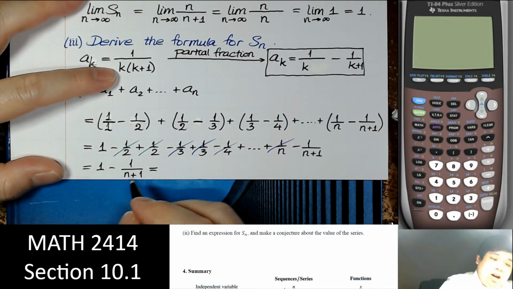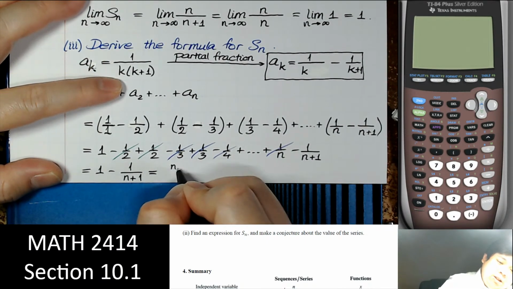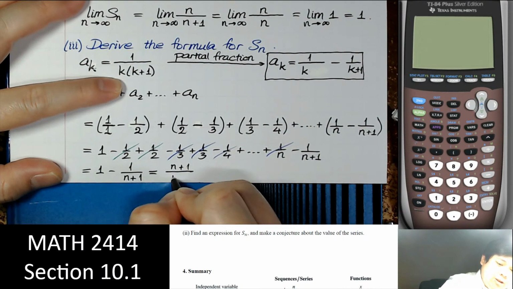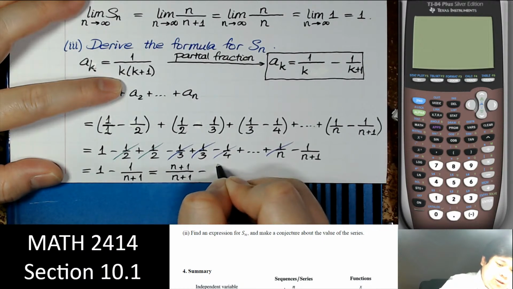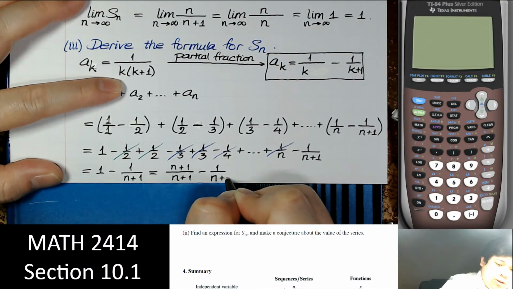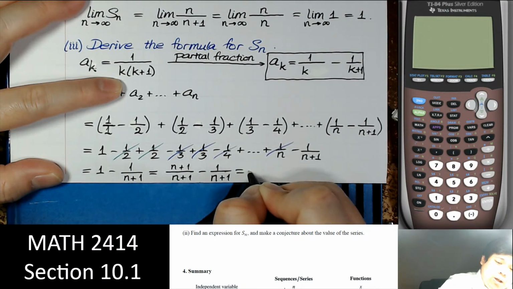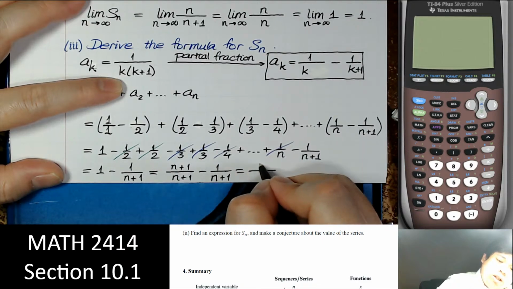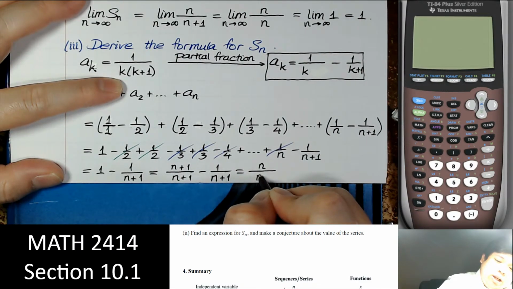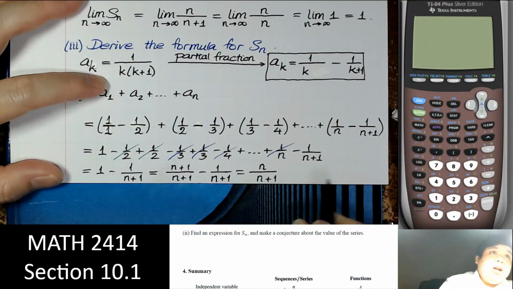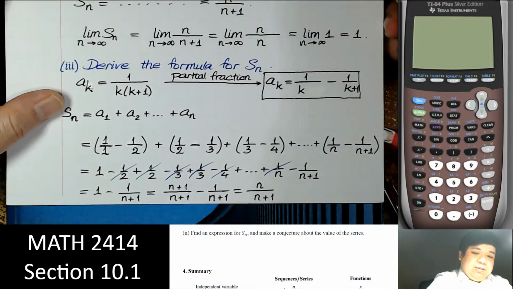With a common denominator of n plus 1, n plus 1 minus 1 is n, and then we have n over n plus 1.